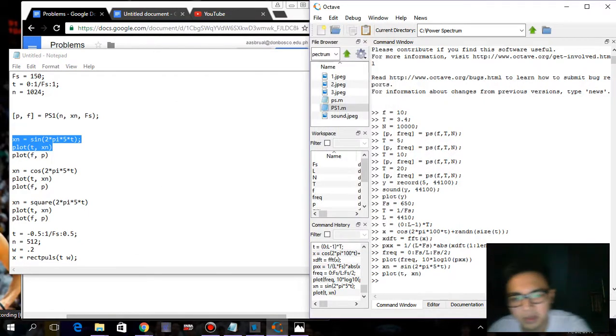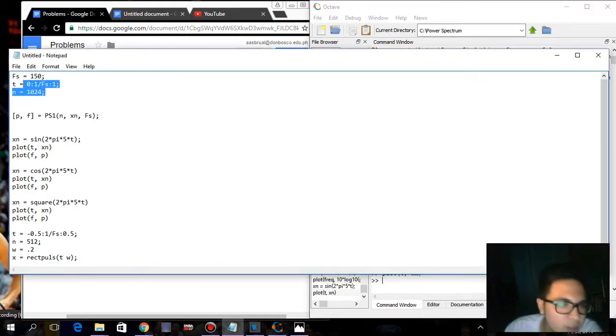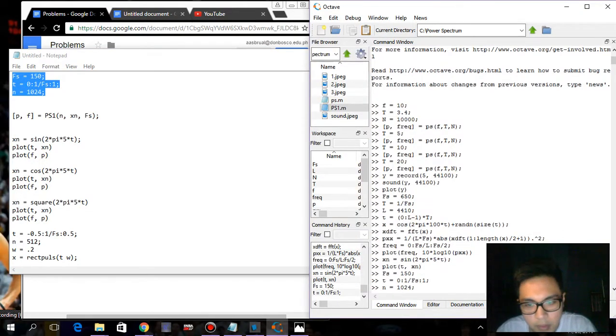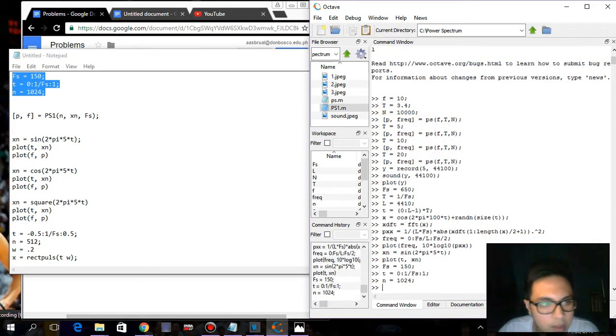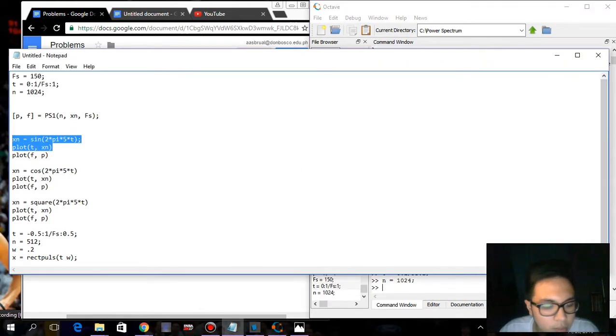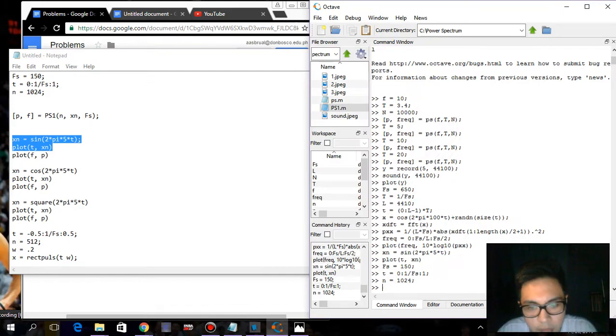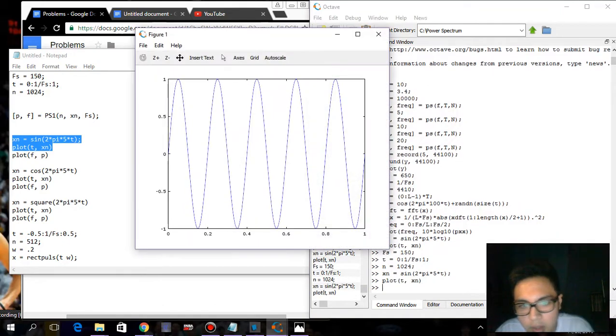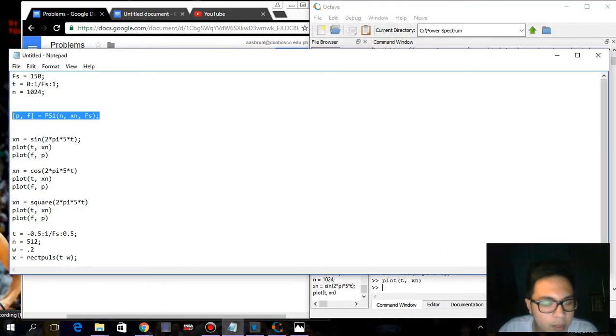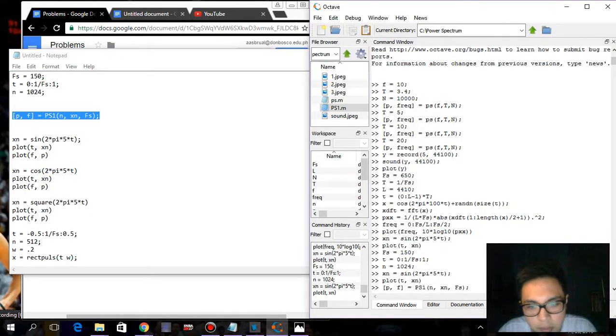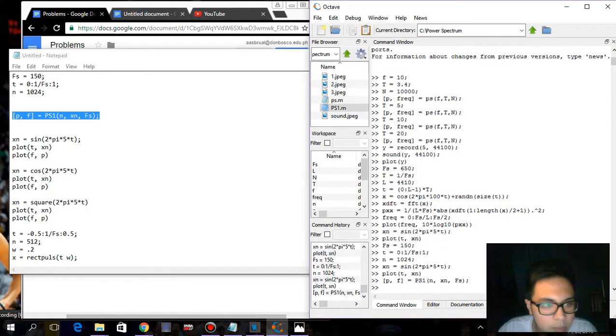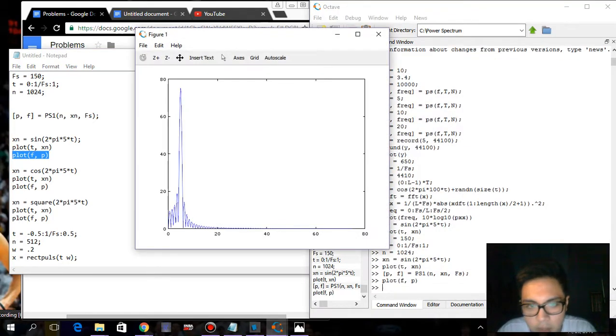So this is wrong. I've not set the following parameters. There it is. There, I'm going to copy the sine wave. Got it. So applying the function gives us something like this. It's the power spectrum of a sine wave.